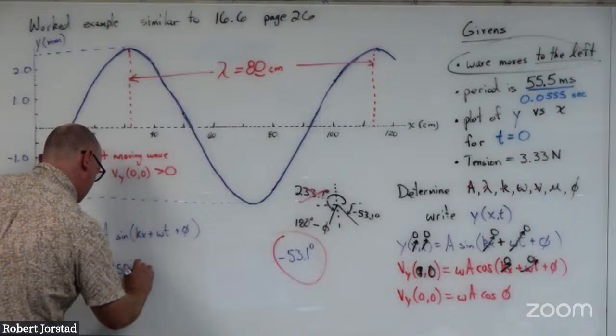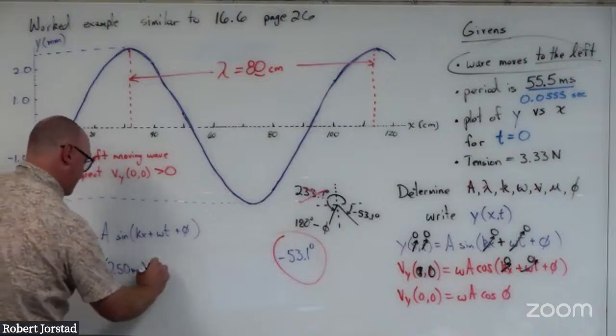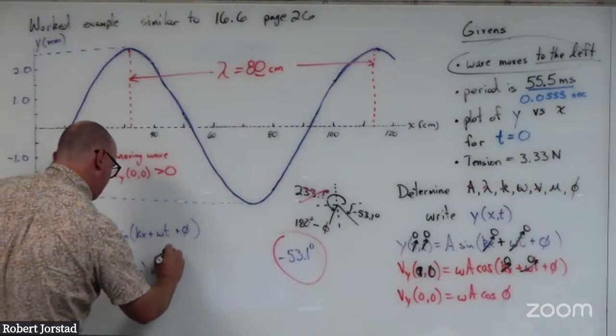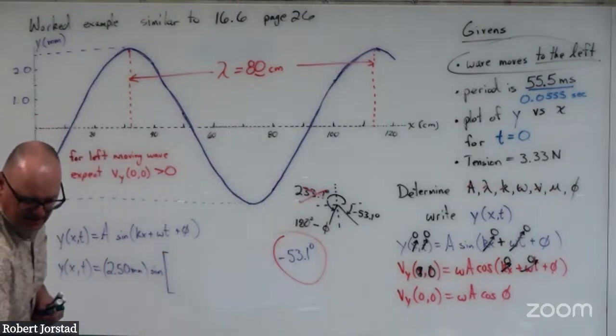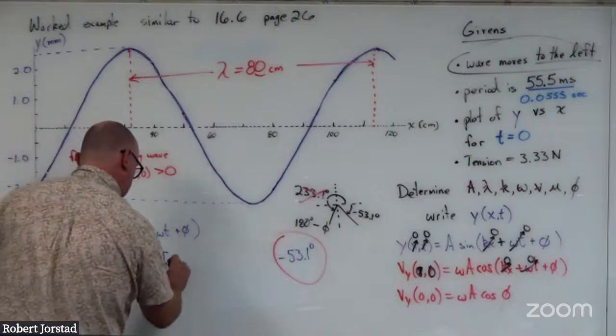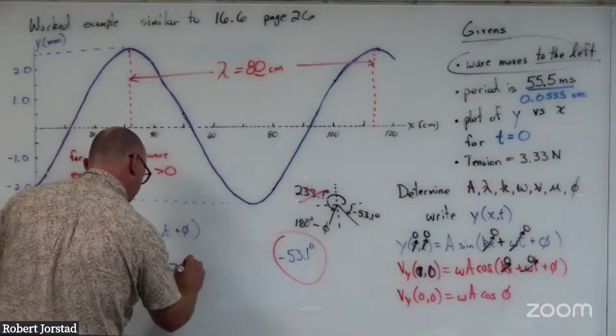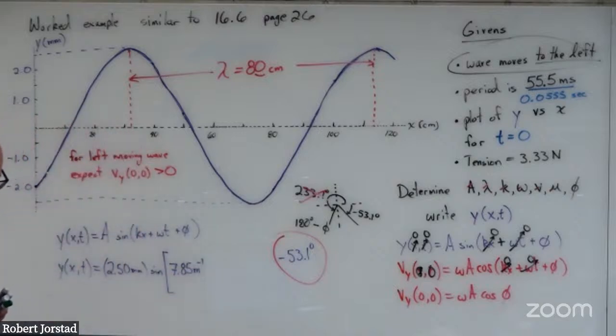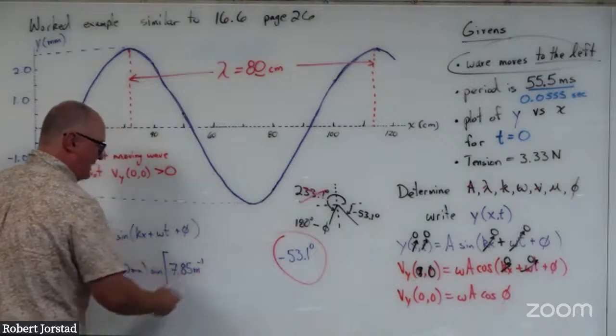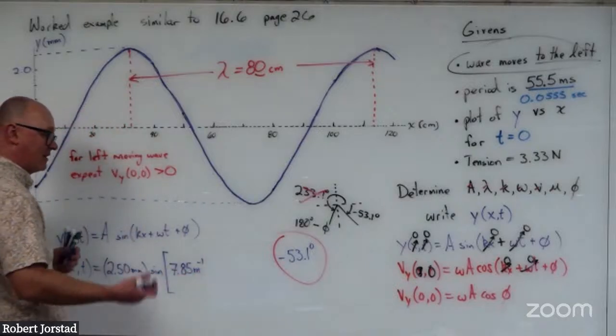So what did we say? 2.50 millimeters sine of, what was K? K was 7.85 meters to the -1. I'm being a little sloppy with sig figs here. We should probably include 4 if we want our answers to be correct to 3.